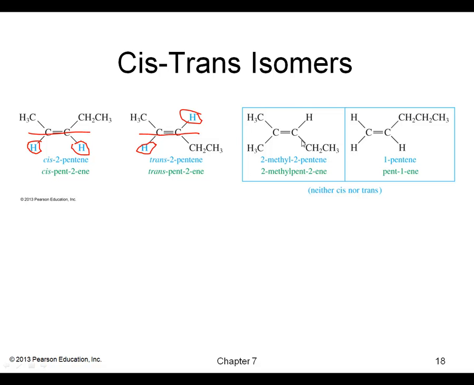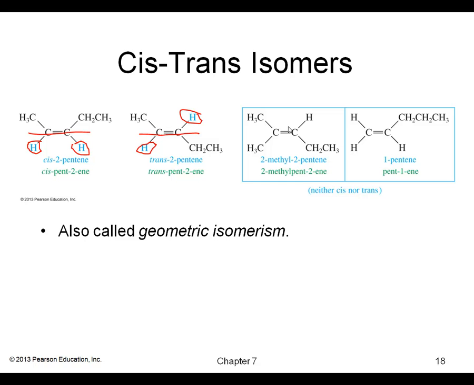Over here, these are neither cis nor trans, because in order to get cis or trans, I've got to have two of the same atoms or groups on these two carbons here. And so here I have two hydrogens. Over here, I don't have two of the same on each carbon.